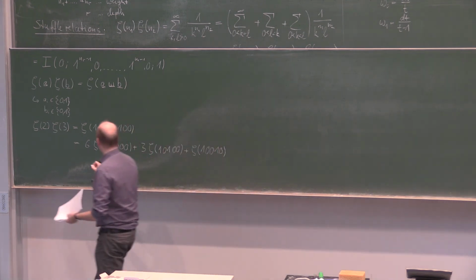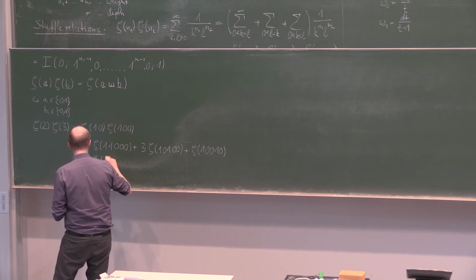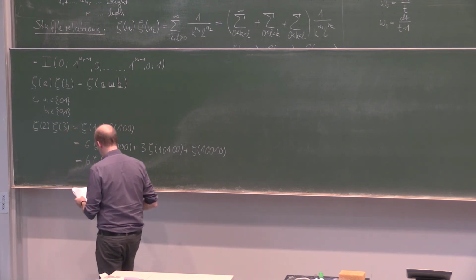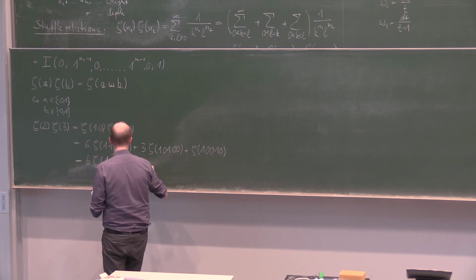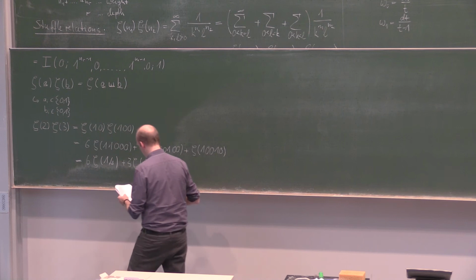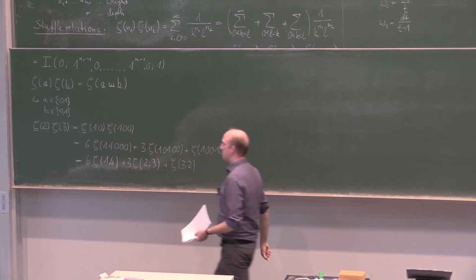And converting back to the original way of writing, we get 3 zeta of 2, 3 plus zeta of 3, 2.